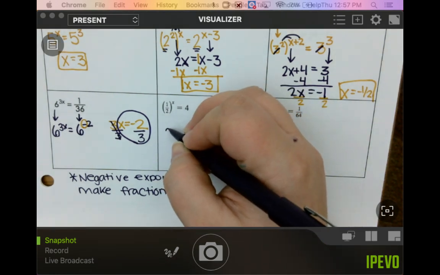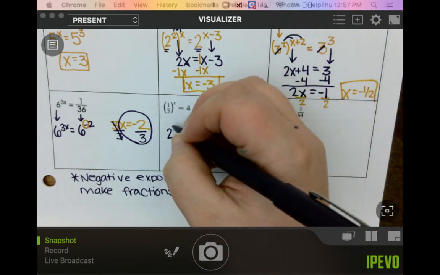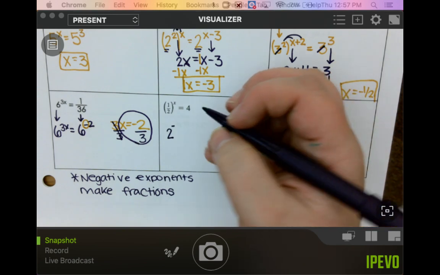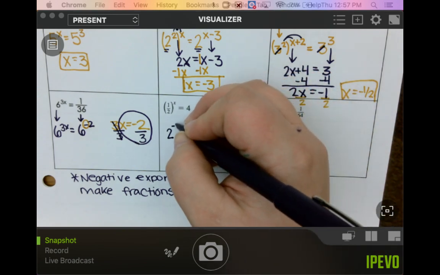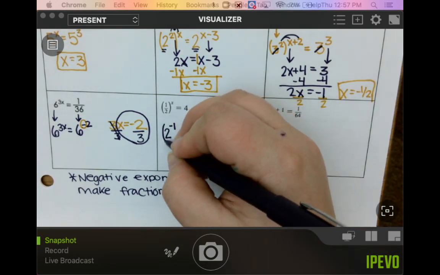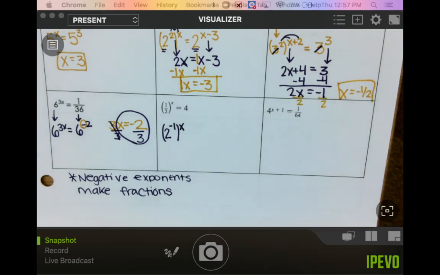So it's going to be a base of 2, but since it's on the bottom, it has a negative exponent. Since it didn't change, the number is still 2, that would be a -1. Because all that 2 did was flip, it didn't change to 4 or 8 or anything like that.